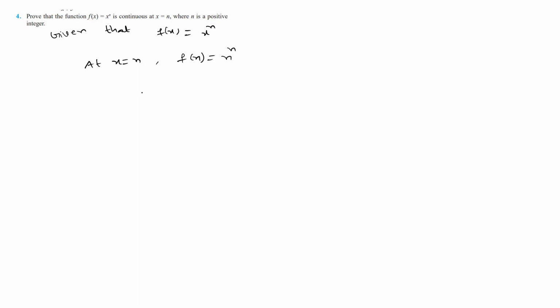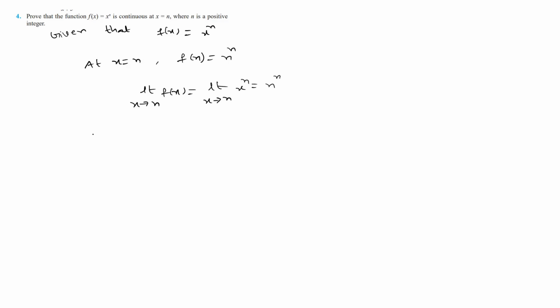Okay. Next, the limit: limit x tends to n, f of x. So limit x tends to n of x to the power n is equal to, in place of x if you substitute n, n to the power n only we will get here.